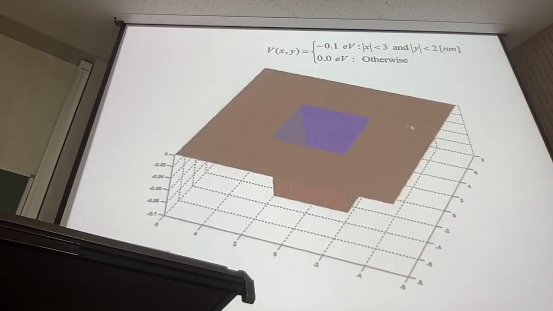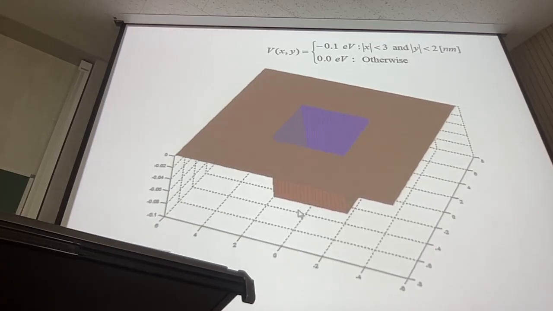Then this is the two-dimensional plot for a potential from -6 to 6. From -8 to 8, we have a two-dimensional potential given like this.